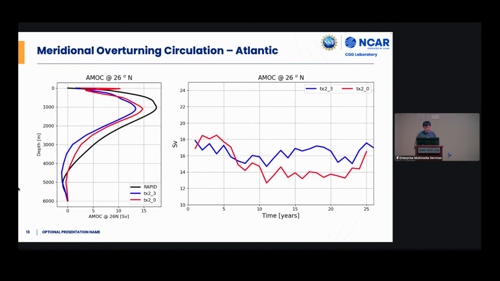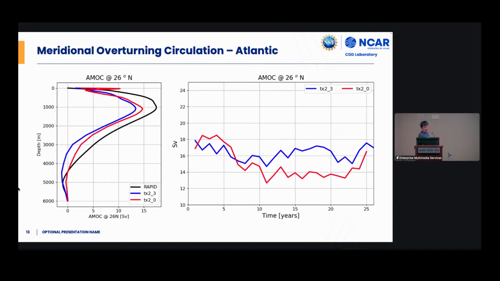We've plotted some time series on the right, and on the left the zonal average of the 26-degree average over the simulation period, which is 25 years. The comparison is with both the 2-degree model, the 2/3 degree model, and the observation.